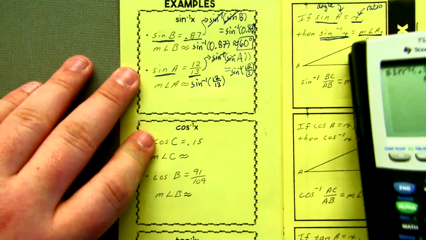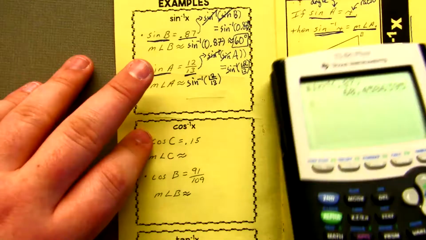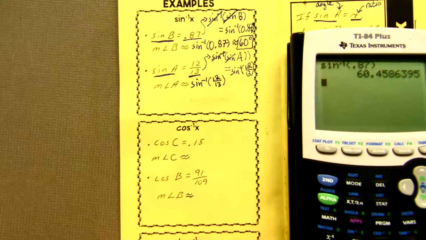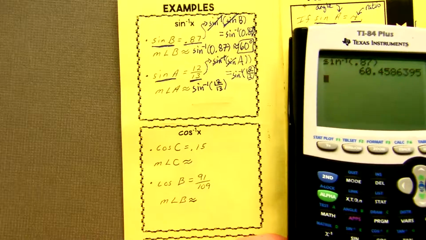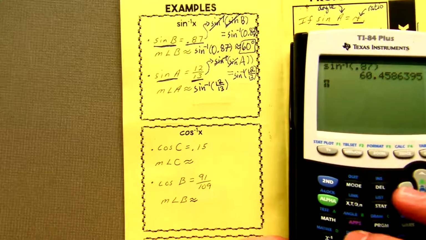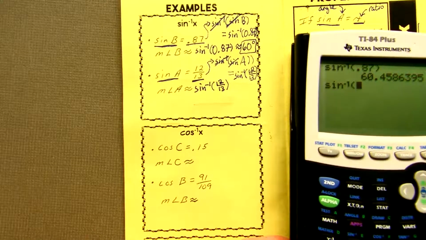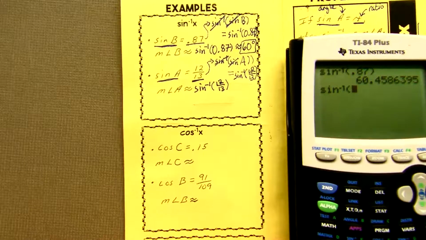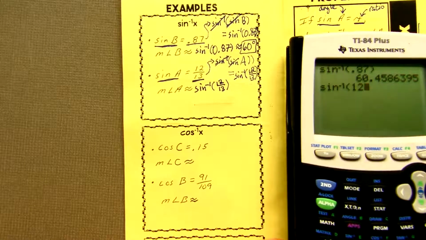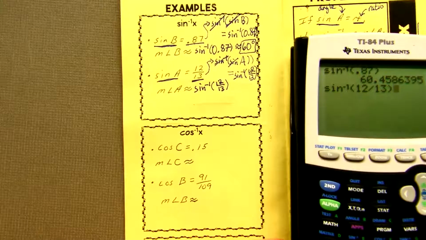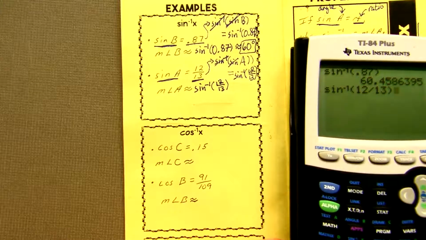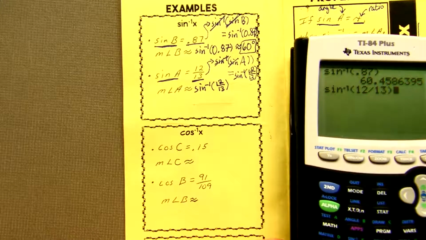And then we're going to plug that into our calculator as well. So the important thing to remember here, we can put in the inverse sine the same way, but we want to do this all in one step. So we're going to take the inverse sine of 12/13 all at once.